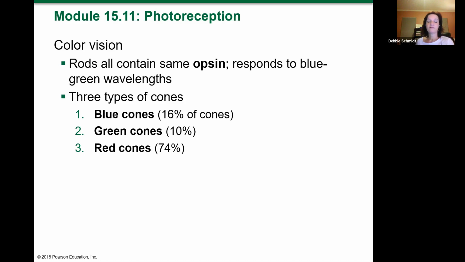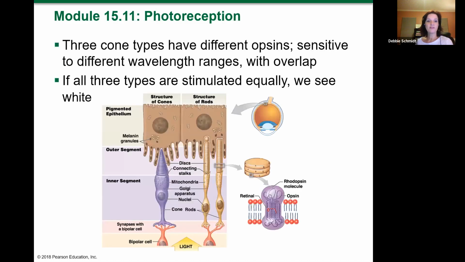Notice that we are more sensitive to red than to blue, and green is the least. You don't need to know those percentages, but know those colors. If we fire all three of those colors at once, if they're equally stimulated, then we see white. That blends all of them together.